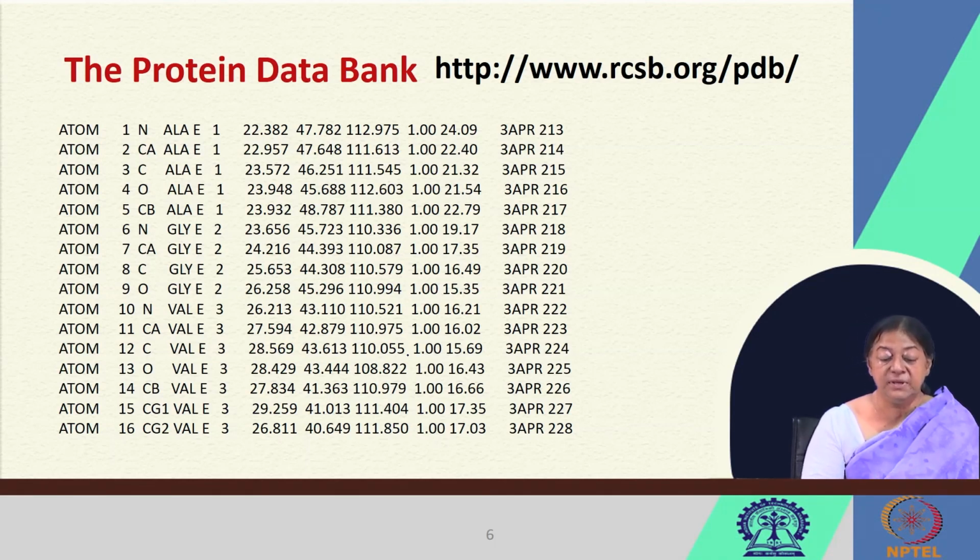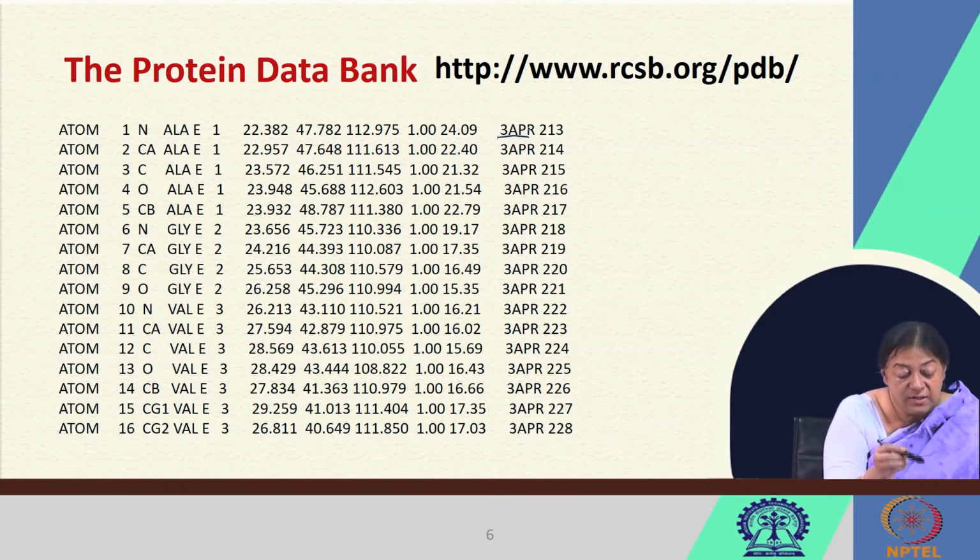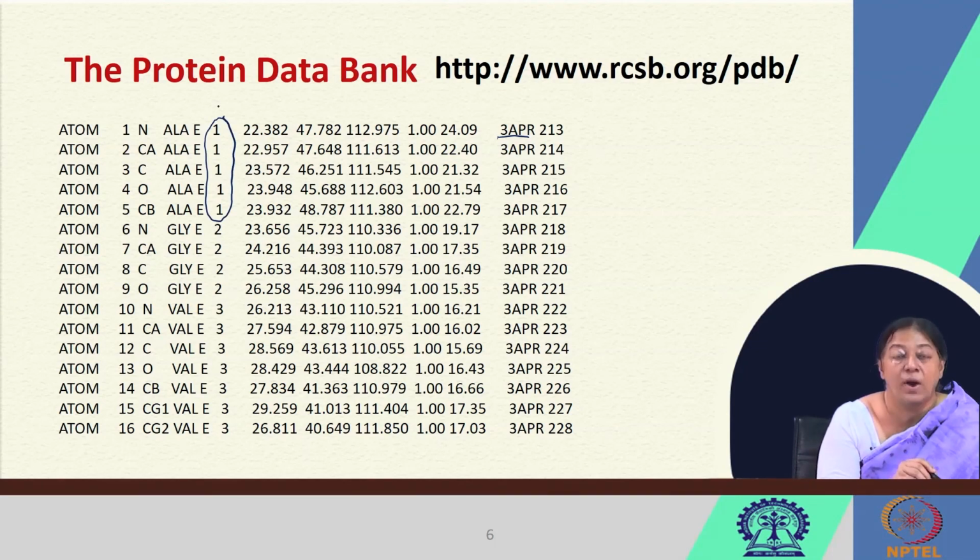This is a typical Protein Data Bank file. The file name here is 3APR, an alphanumeric code. If you look at the set of atoms 1 through 5, they are all marked 1, indicating that this is residue number 1.